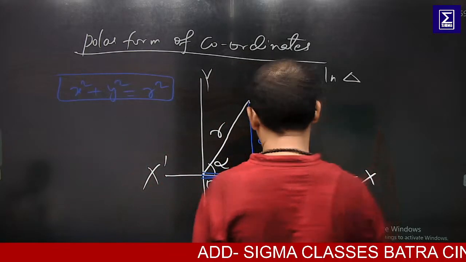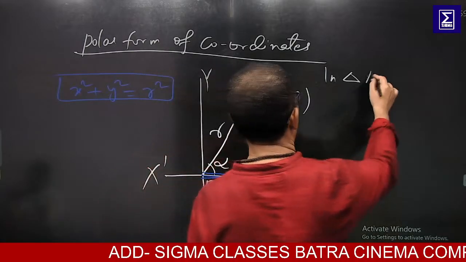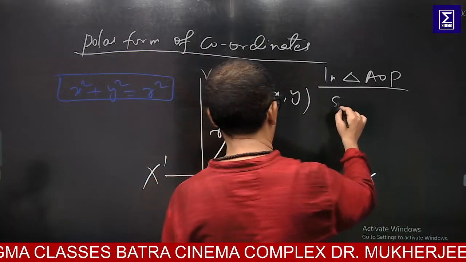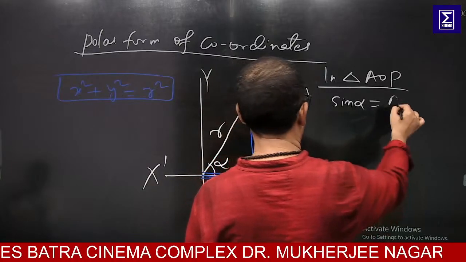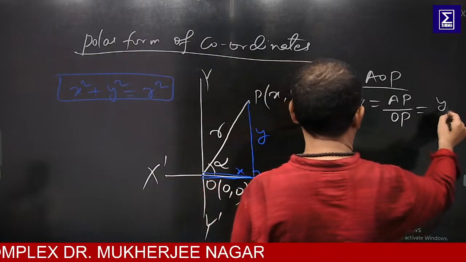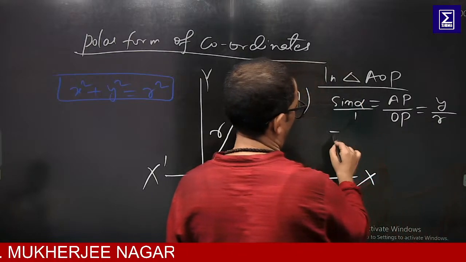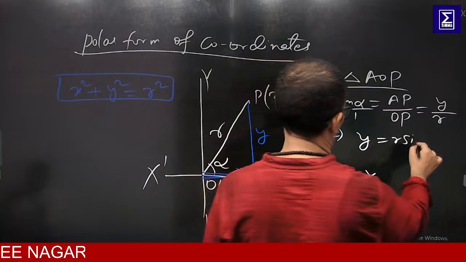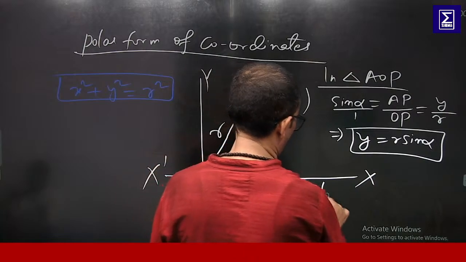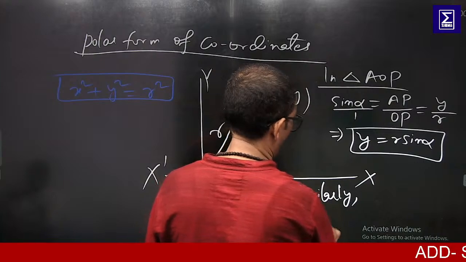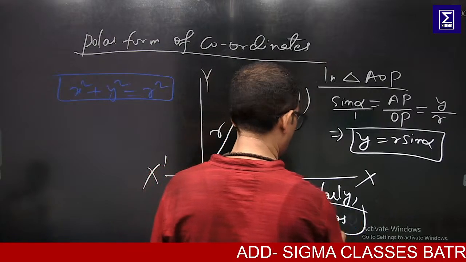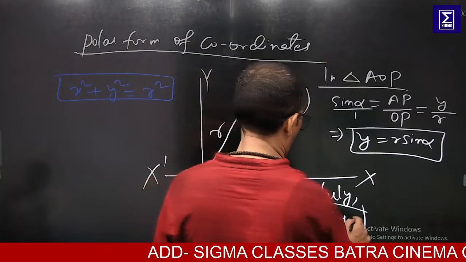Let this point be O, in triangle AOP, if you take sin alpha, so sin alpha is nothing but AP upon OP, and AP is y, upon r, so y is equal to r sin alpha. Similarly, x will be r cos alpha.